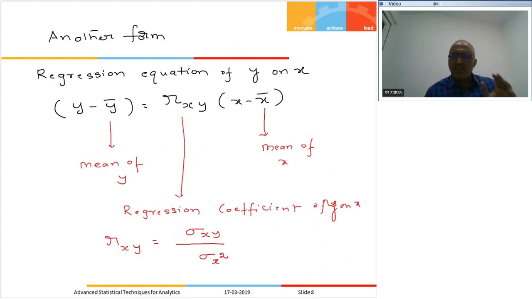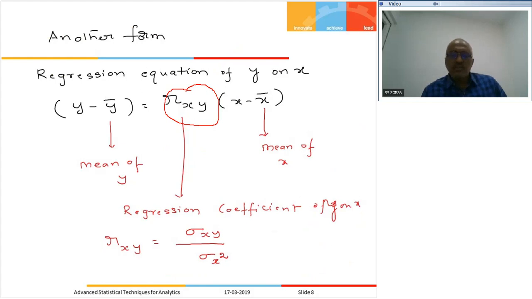This is our regular equation of a straight line, if you remember the geometry we learned in the initial days: y minus y1 equal to m into x minus x1, where m is the slope of the straight line. Similarly, the regression equation of y on x is y minus y bar equals rxy, which plays the role of a slope, into x minus x bar.